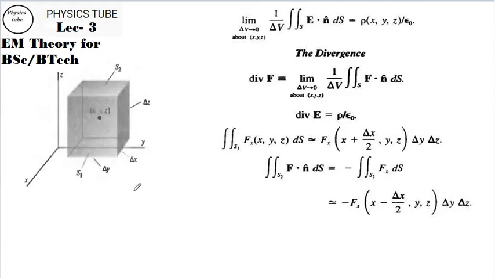Now we'll see this figure. Suppose you have a point here at the center, whose coordinates are x, y, and z. If you have such a case, you have surface S1 below and S2 up, or just the opposite. Let me give an example of S1 and S2, as this is my x direction.